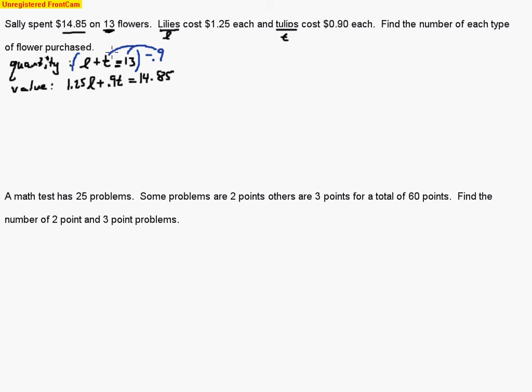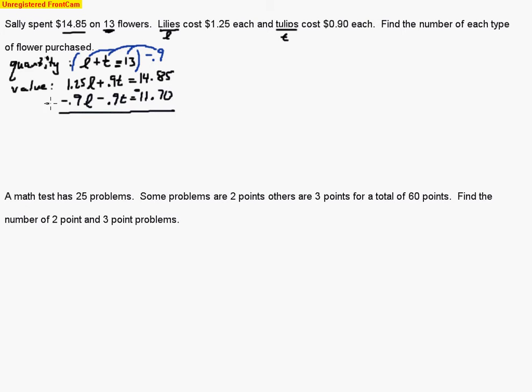But if I do this, I have to multiply every term by that negative 0.9. So my new equation is negative 0.9L minus 0.9t equals negative 9 times 13 makes 117. So move the decimal back one space, you get negative 11.7.